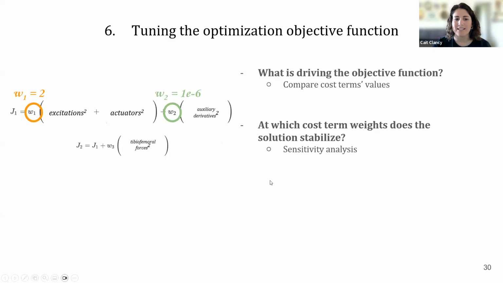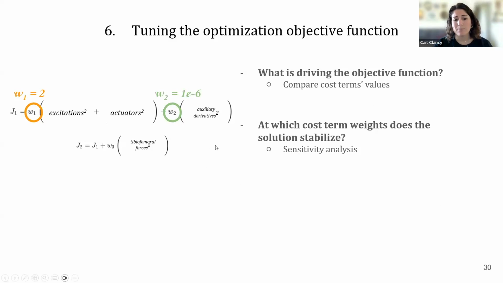And finally, weight 3. So this is the weight for our tibiofemoral forces. And I would say this is where the bulk of our sensitivity analyses occurred. So this is a lot of the iterations over and over again, selecting this weight and understanding if it resulted in muscle forces that create a physiologic simulation.